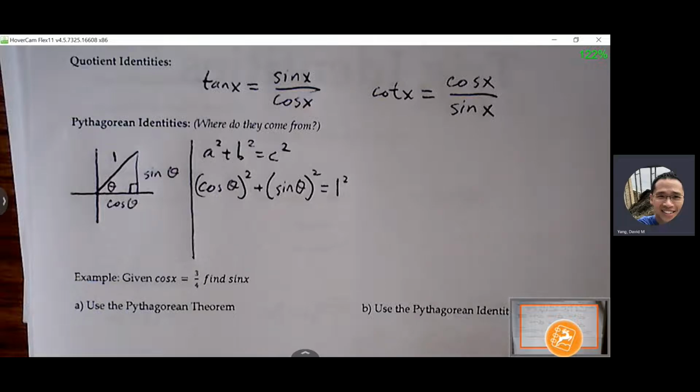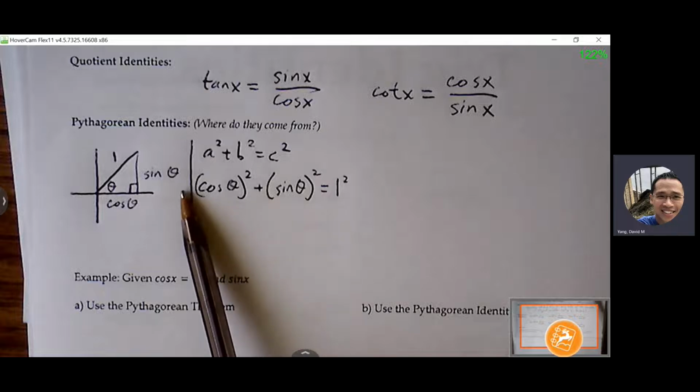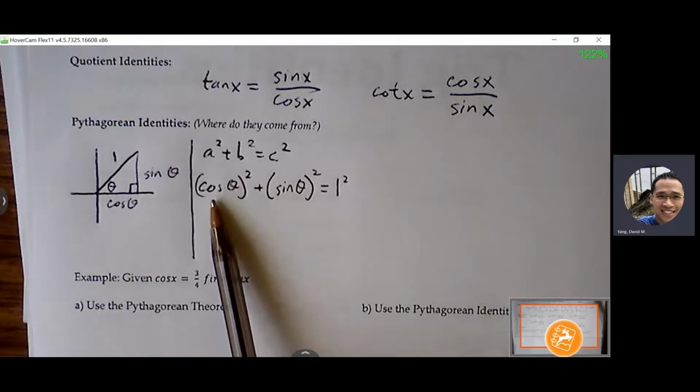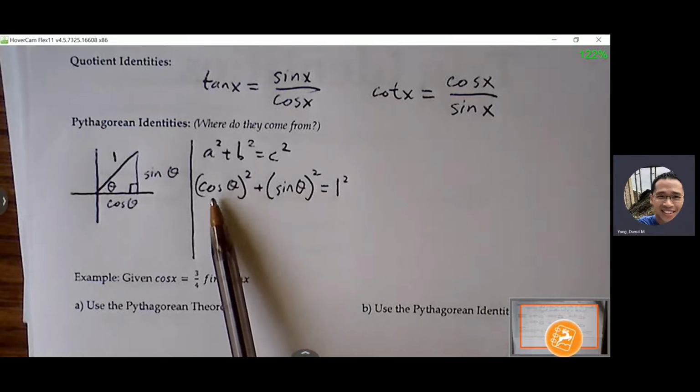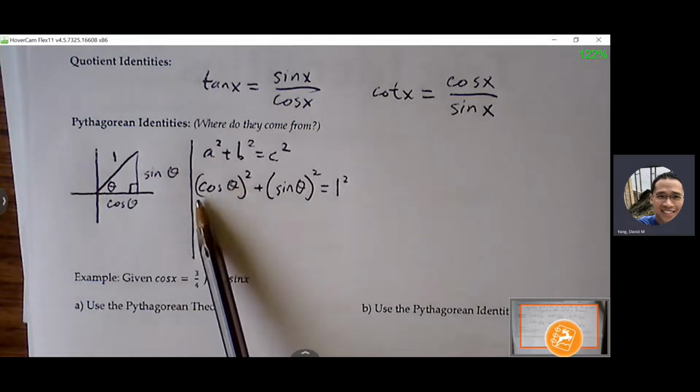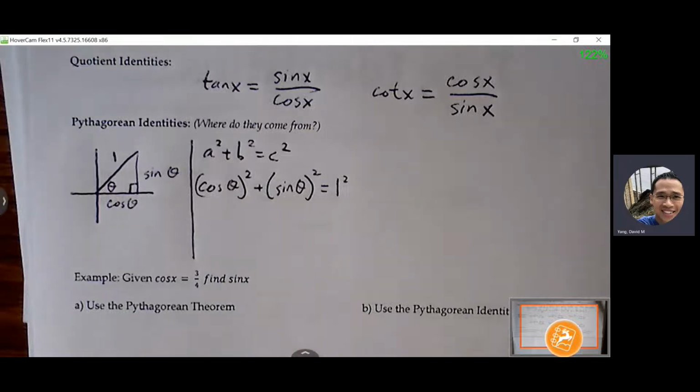Okay. Now, I want to talk about something here. Cosine theta squared, this is perfectly fine. But typically, the way that the book writes it, a lot of the way that we write it is a shorthand form of this. It means the same thing, but if we write it this way, we don't have to use as many parentheses.